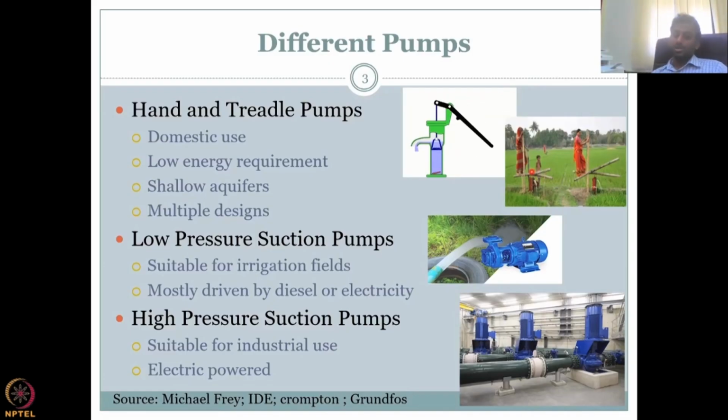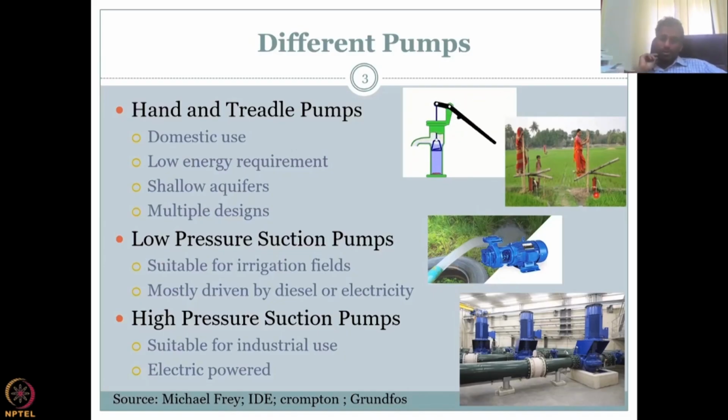It's a simplified version, and for those who could not push the piston, which sometimes may take time, you can just walk on these treadles. This is similar to the treadle instrument in your exercise gyms, where you stand on a stepper, as we call it, and it goes up and down, and in this case it pulls up the water. There are multiple designs for hand pumps and treadle pumps. You could look at IDE and other sources to get more information about these pumps.